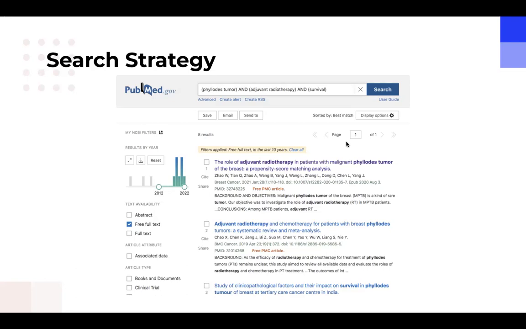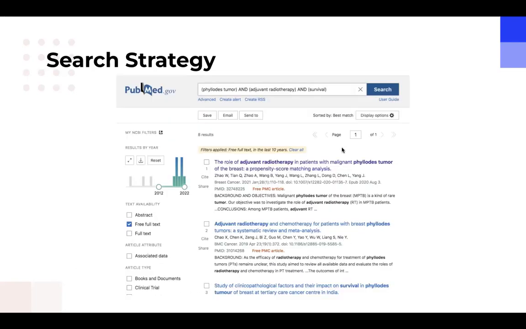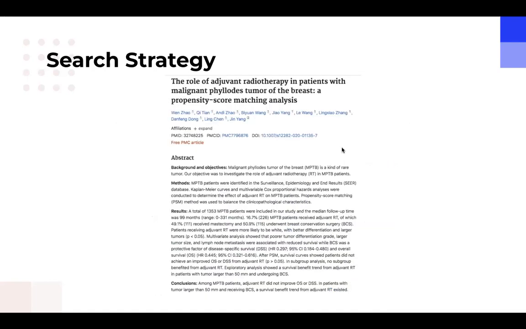In our filters, we use free full text and 10 years. This yielded these results, and we chose this journal article, the role of adjuvant radiotherapy in patients with malignant phylloides tumor of the breast, a propensity score matching analysis.